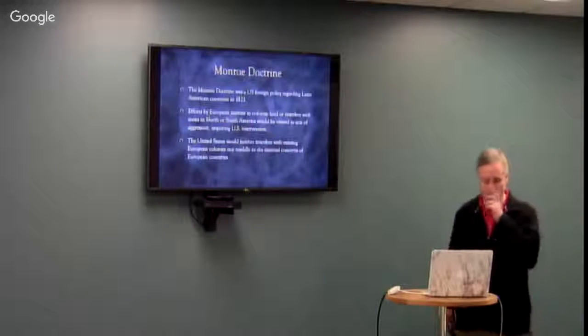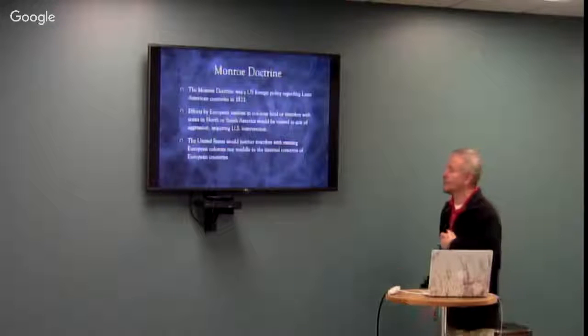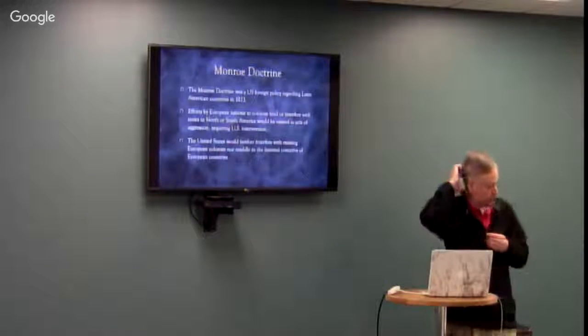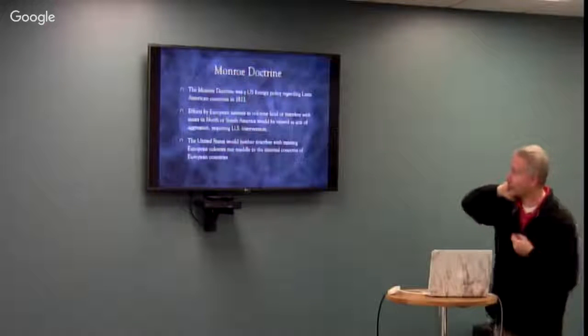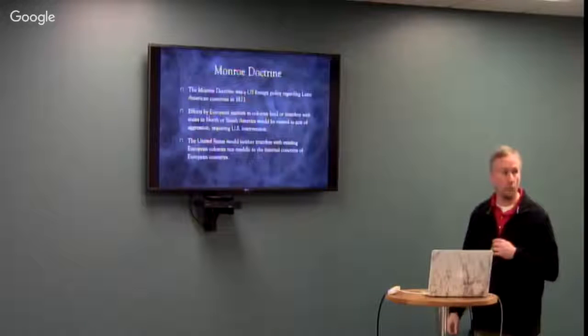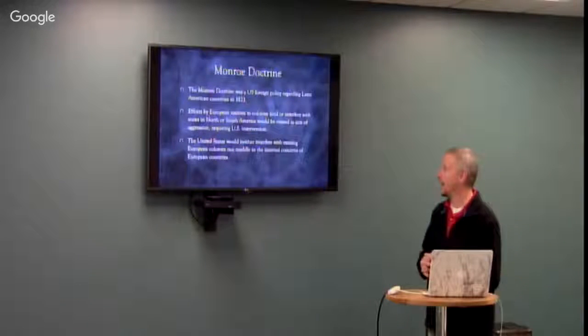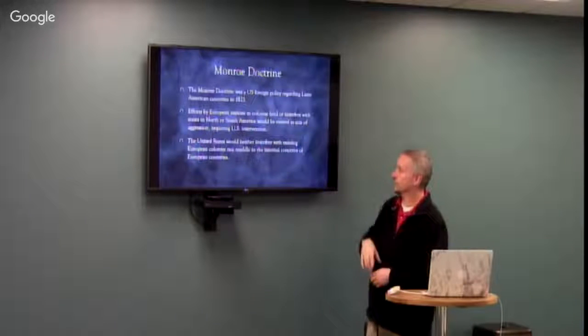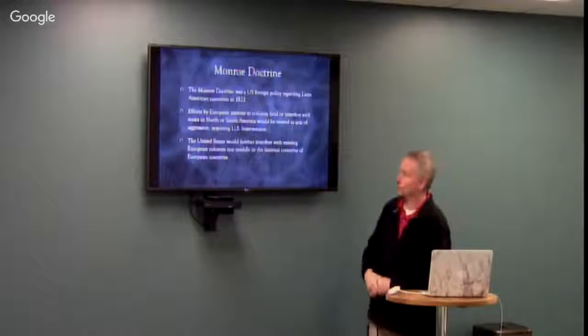Okay. So what he was trying to stop here is the European nations were trying to colonize and influence things going on in Latin America. So the U.S. said, listen, you're done. No more. We will go to war with you. That would be viewed as acts of aggression, and the U.S. would intervene.